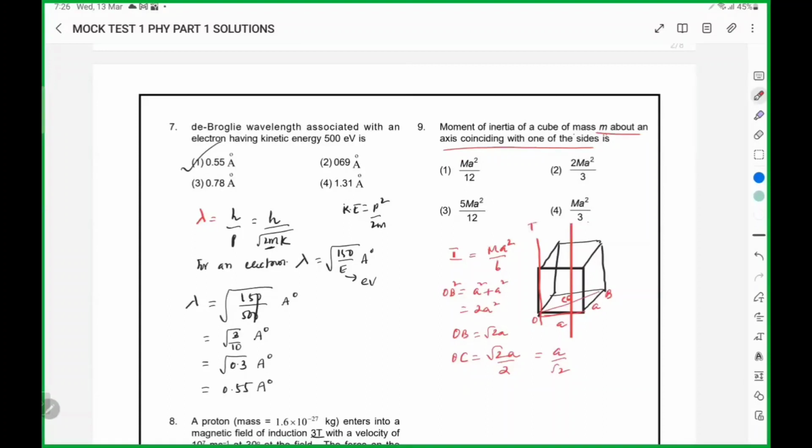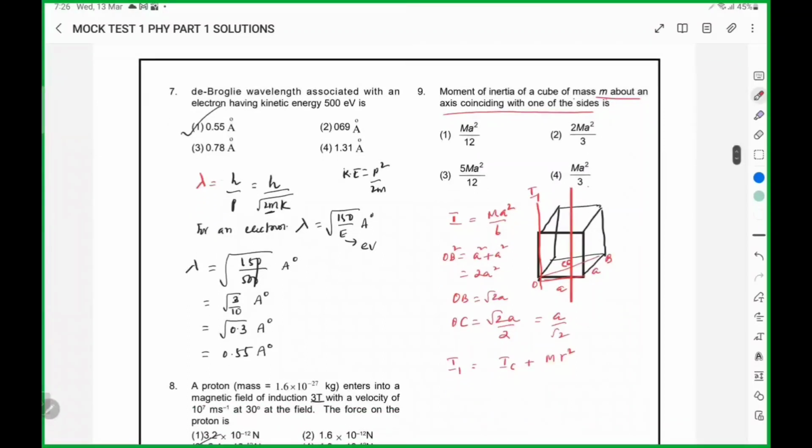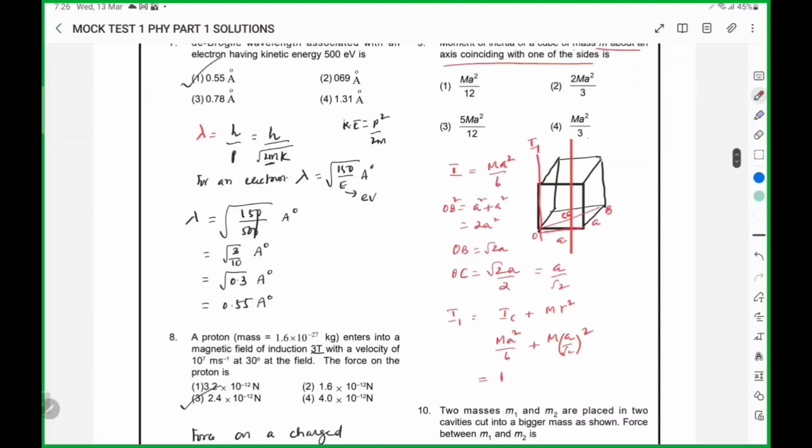So about this, I1 will be IC plus MR square. IC here is M a square by 6 plus M a by root 2 whole square. M a square by 6 plus M a square by 2, that is 4 M a square by 6, and we get 2 M a square by 3.